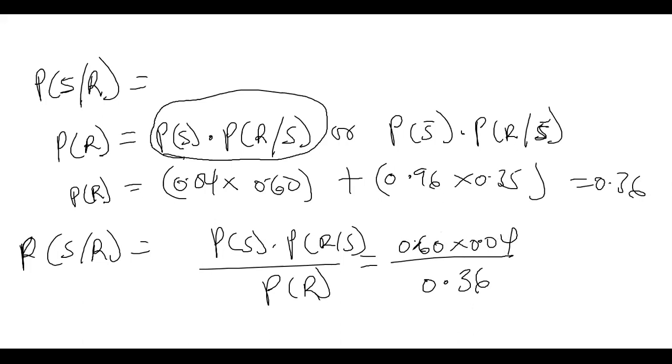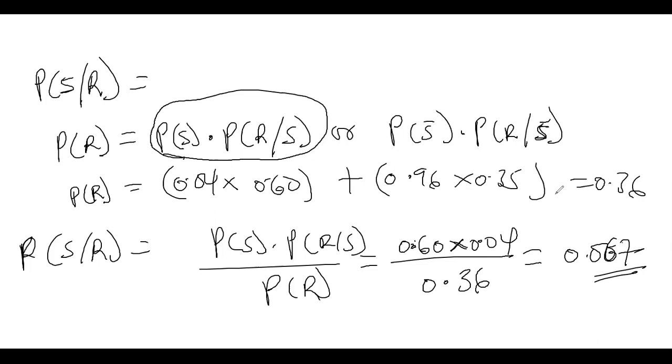Of course, 0.60 times 0.04 is the same as saying 0.04 times 0.60. Let's not get confused. Multiplication is commutative, okay? All right, so here, this will give us 0.067, okay?